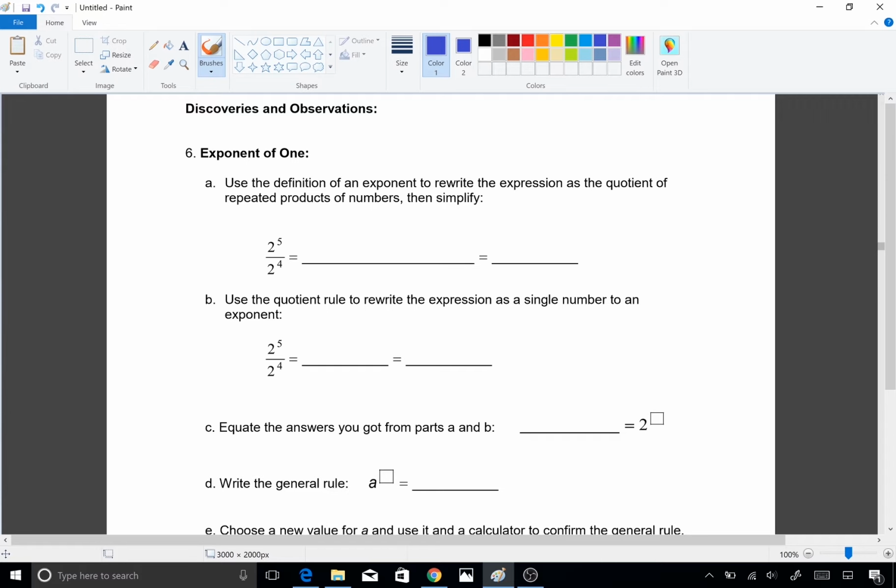An exponent of 1 is just the number itself. Using the definition here, we have 2 times 2 times 2 times 2 times 2, 5 of them, divided by 2 times 2 times 2 times 2, and 4 cancel. And that just leaves us with 2.